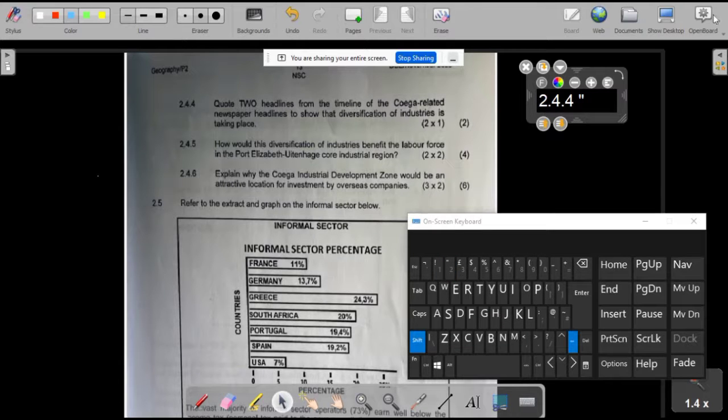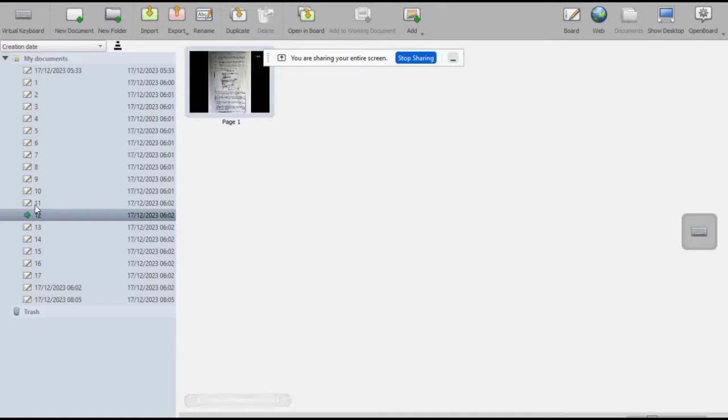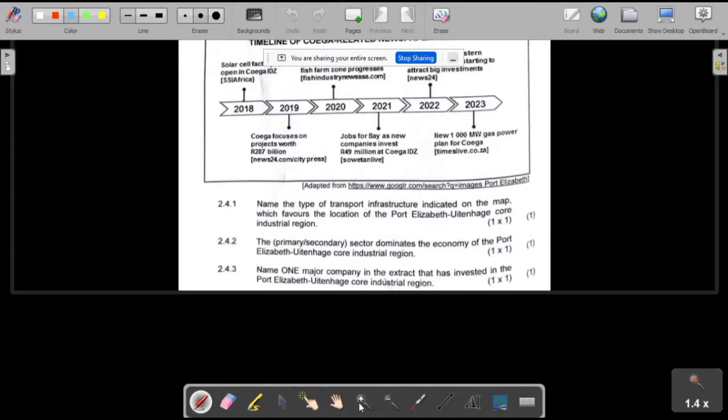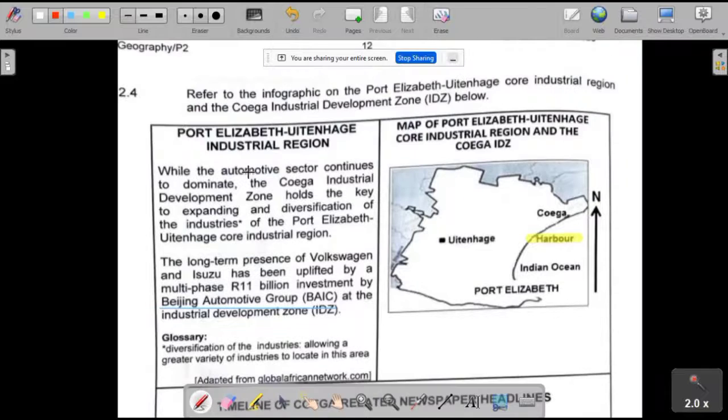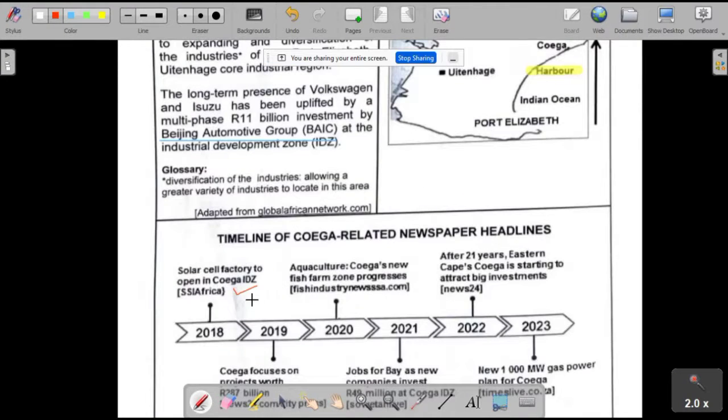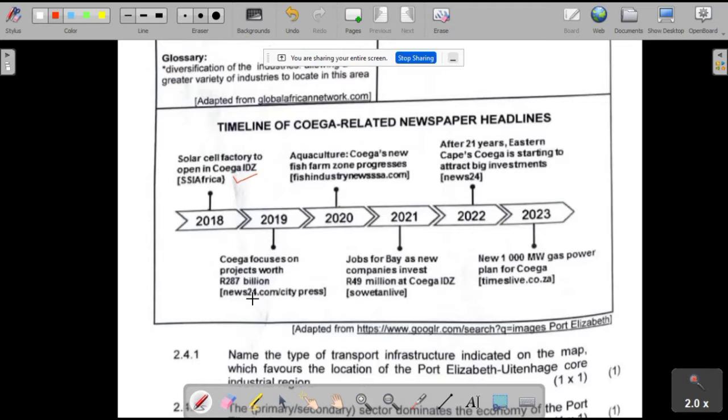So I'm going to quote, and it has to be exactly quoting. So which one? It's diversifying. Because we know that it is dominated by the automotive sector, solar panels are being produced. Second of all, you have fish farming. Okay, so those are the two events that we have to quote.